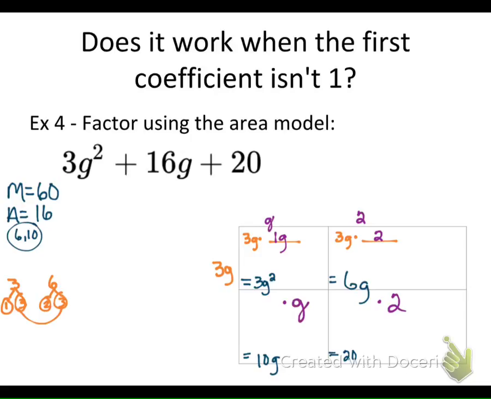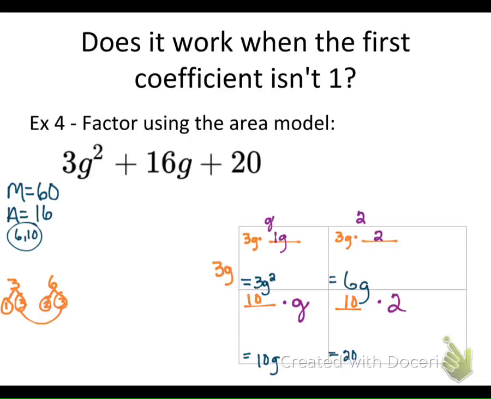And now I find the other area. Okay. And what is that you just found, Haley? Help her out. What'd she just find? She said 10 times G equals 10G, 10 times 2 equals 20.